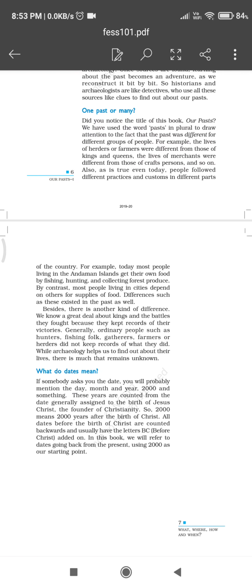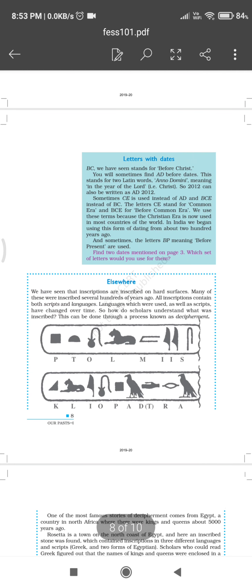But AD means Anno Domini. Anno Domini means the year of the Lord. Sometimes CE is also used instead of AD, and instead of BC it is written BCE.